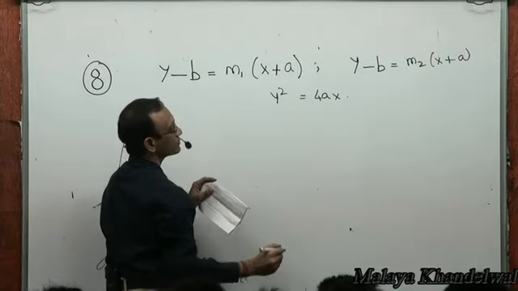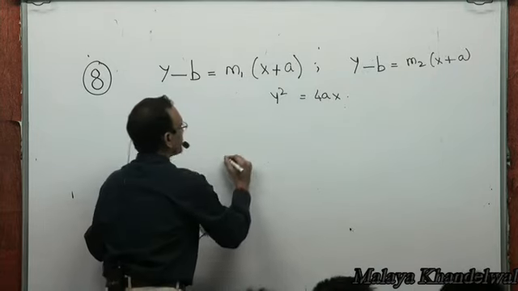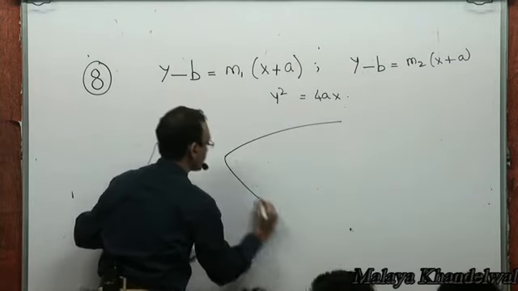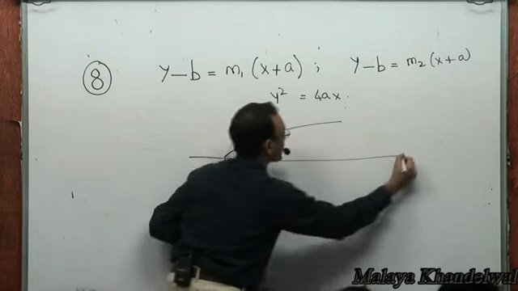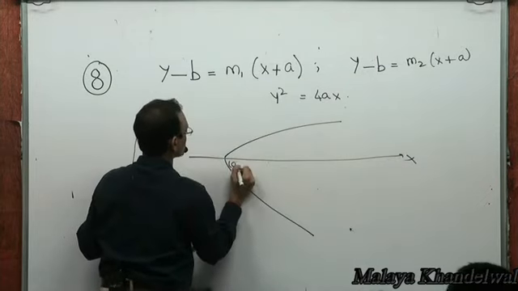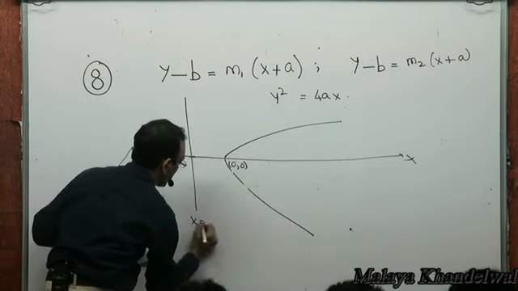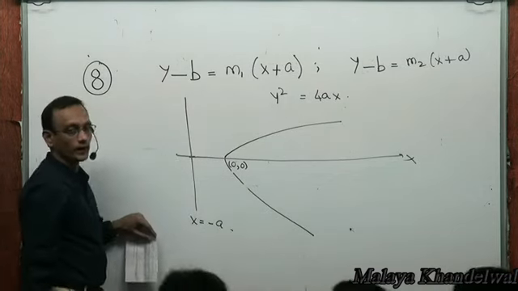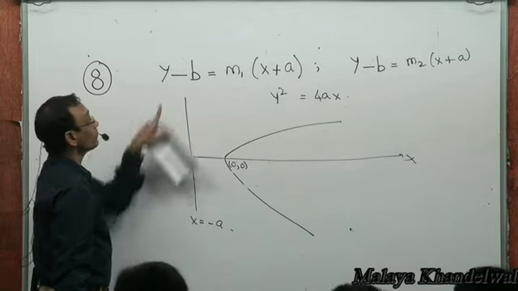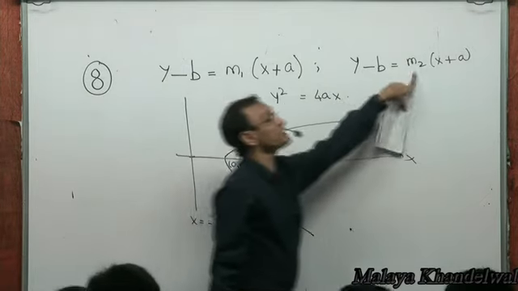That means for this parabola, the x-axis is the axis of symmetry, vertex 0, 0, focus a, 0, and directrix x equal to minus a. Yes or no? Right? Now, the two lines intersect at a point.